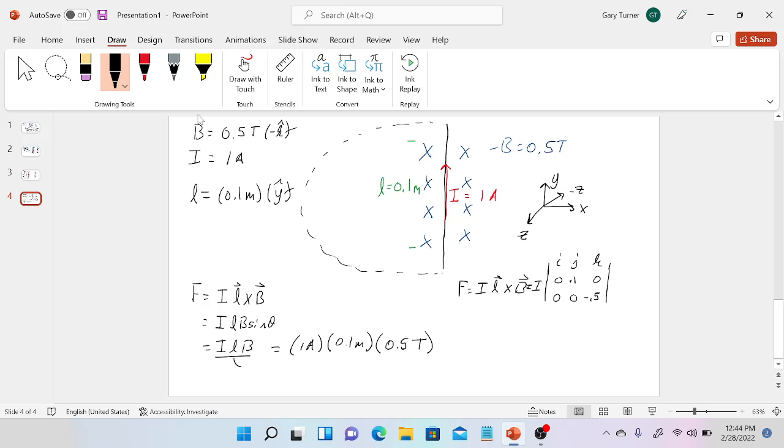So the units do work out. And we get a force of 0.05. Okay. 0.05 newtons.